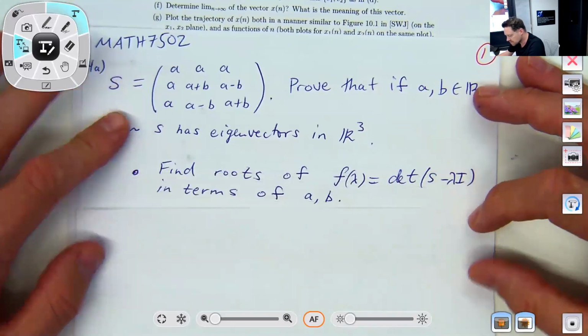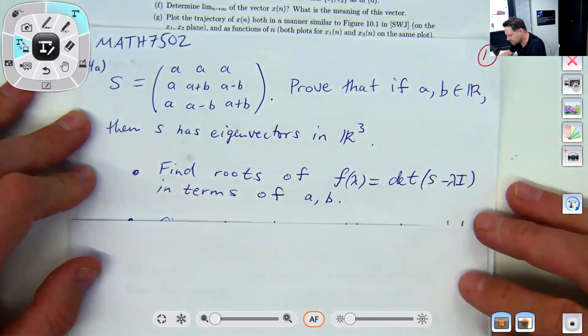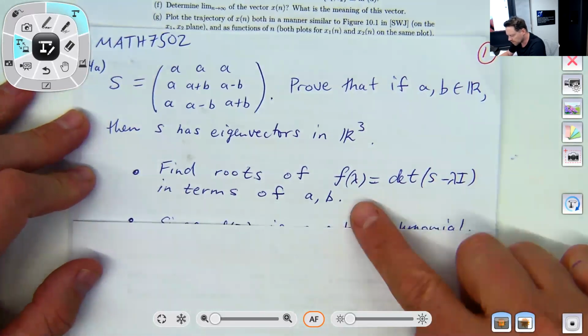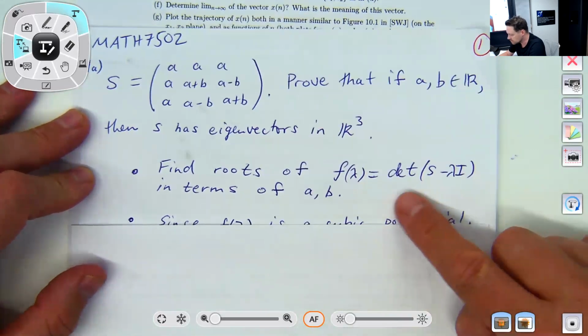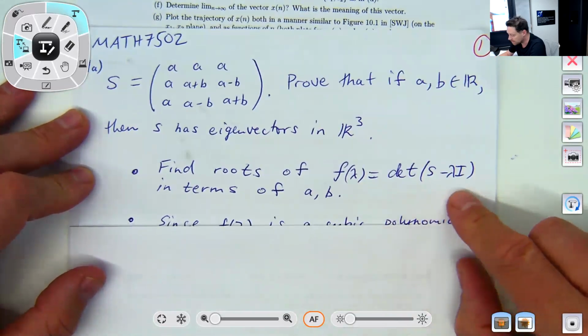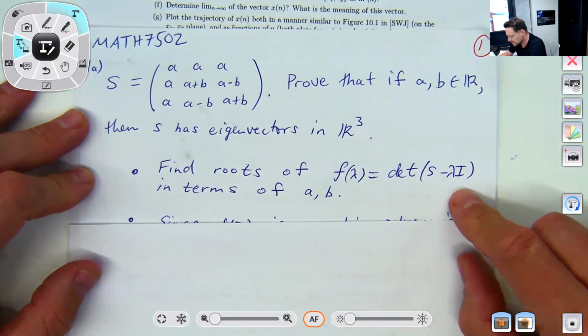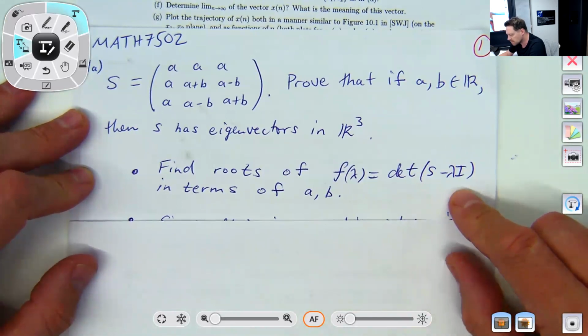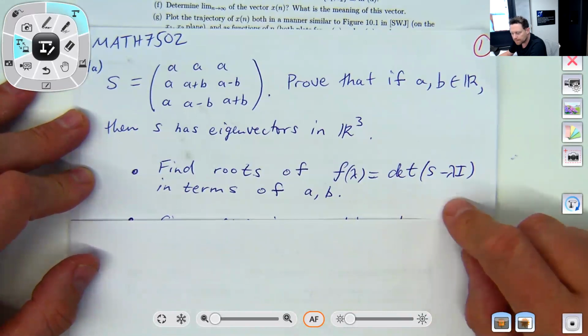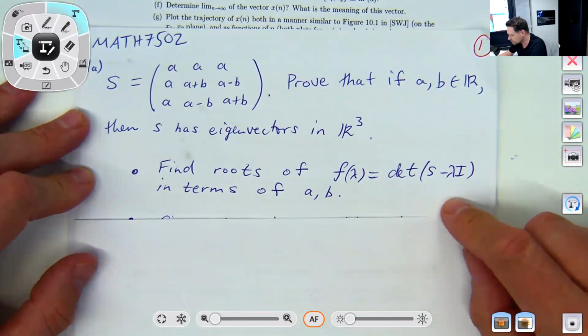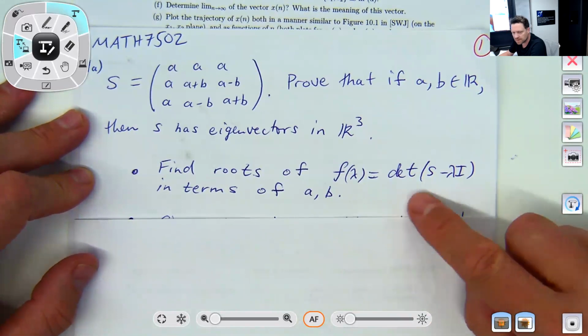So anyway, the first question: find roots of the polynomial f of lambda, which is the determinant of S minus lambda times I, and express that in terms of a, b. So this will be a cubic polynomial, giving the eigenvalues; the roots are the eigenvalues.